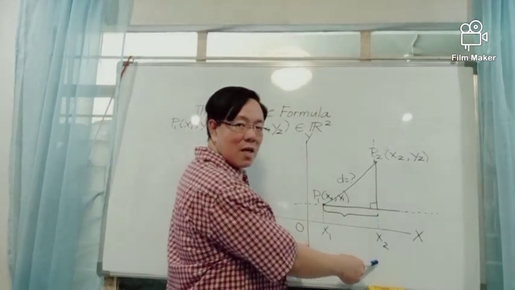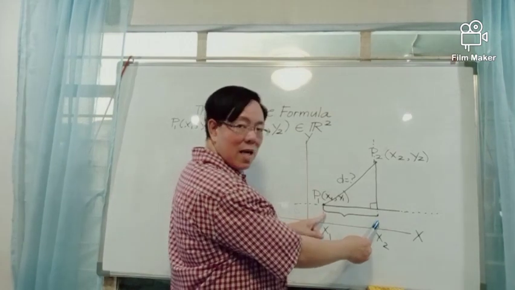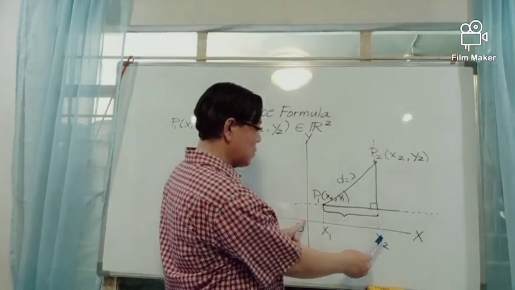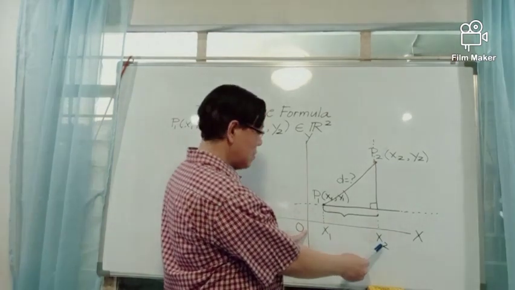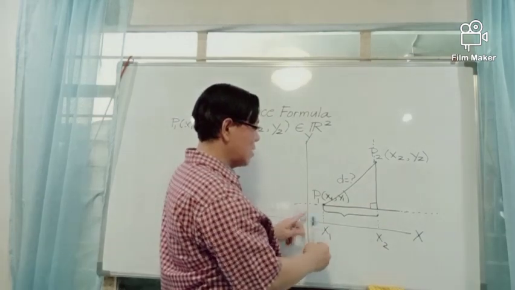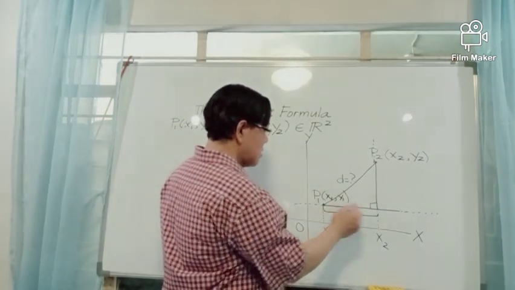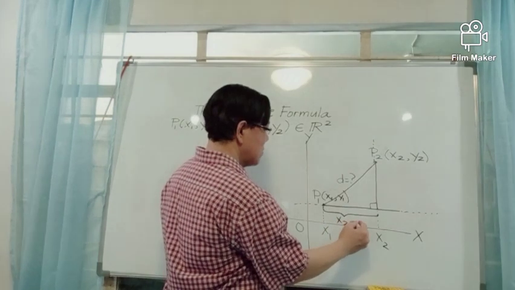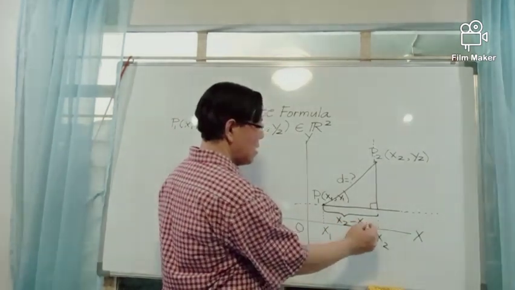So from this diagram, the length of this leg of the right triangle is equal to x2 minus x1.